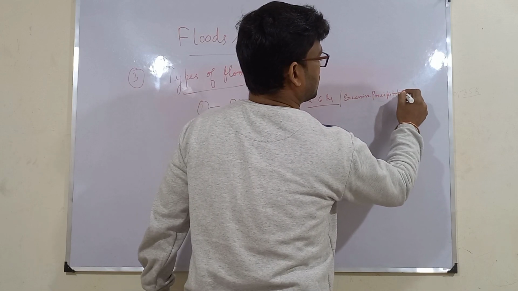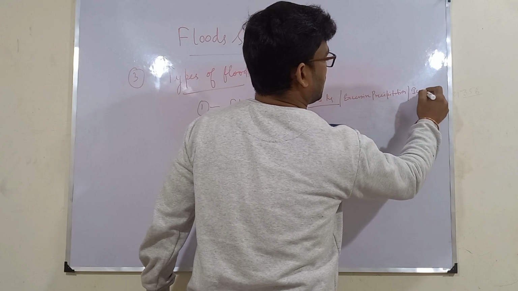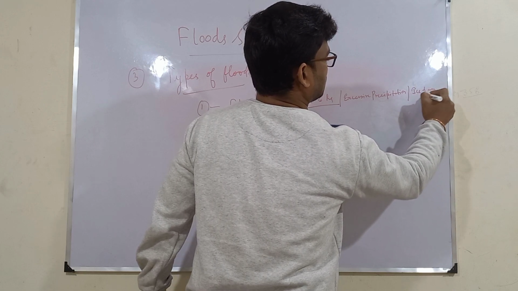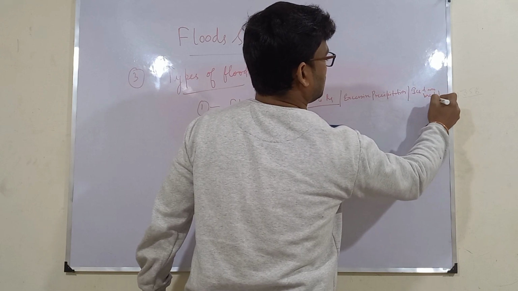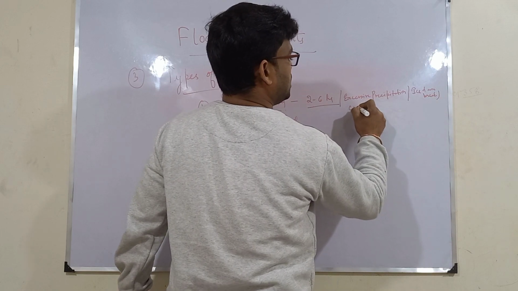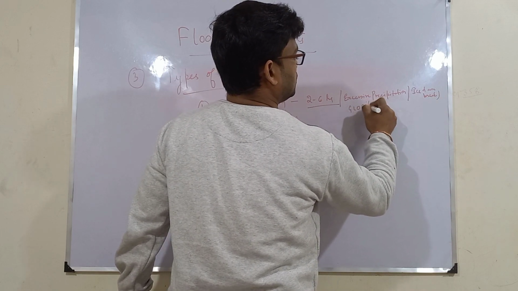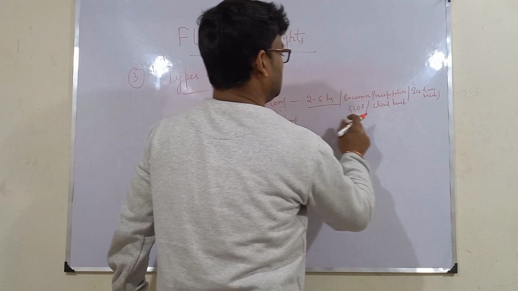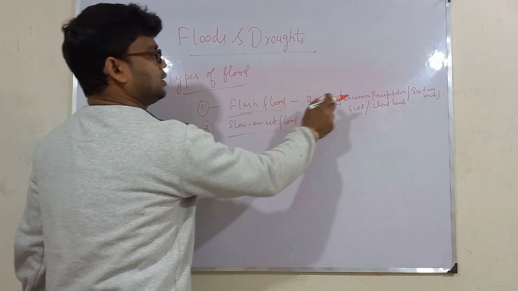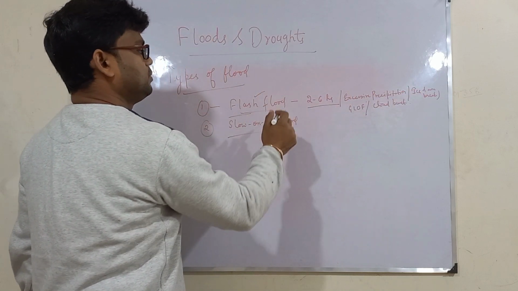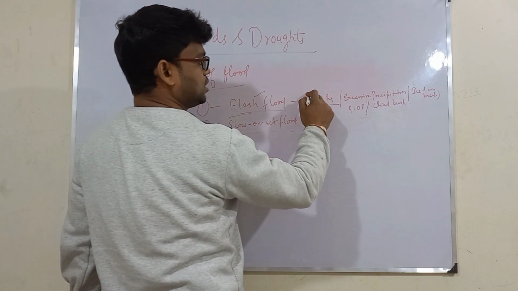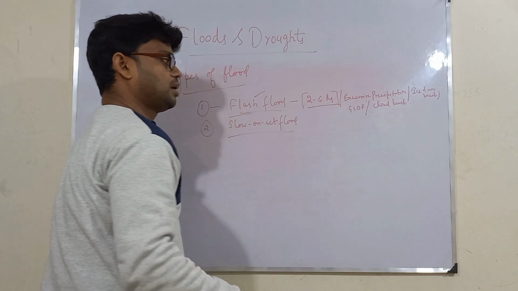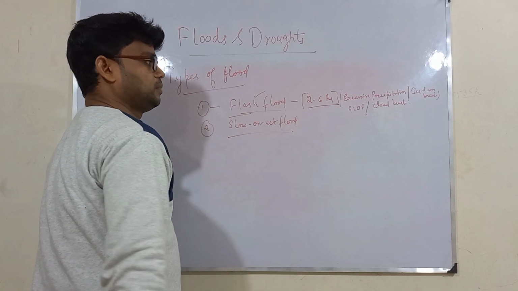This is mainly due to excessive precipitation, ice dam breakage, glacial lake outburst floods, or cloud burst. These are the main reasons for flash floods, meaning a sudden increase, within say 2 to 6 hours, in the amount of water at a particular place.